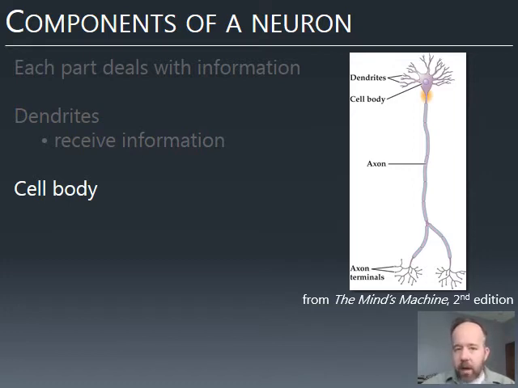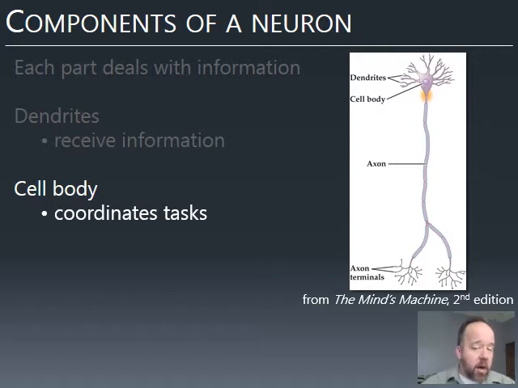Then you have the cell body, sometimes called the soma. The cell body coordinates tasks. It has the nucleus of the cell, so it contains the DNA. But the cell body is the central junction. It's where all the points connect. It's also where all that information will come in and get collected. And it's also what maintains the cell.